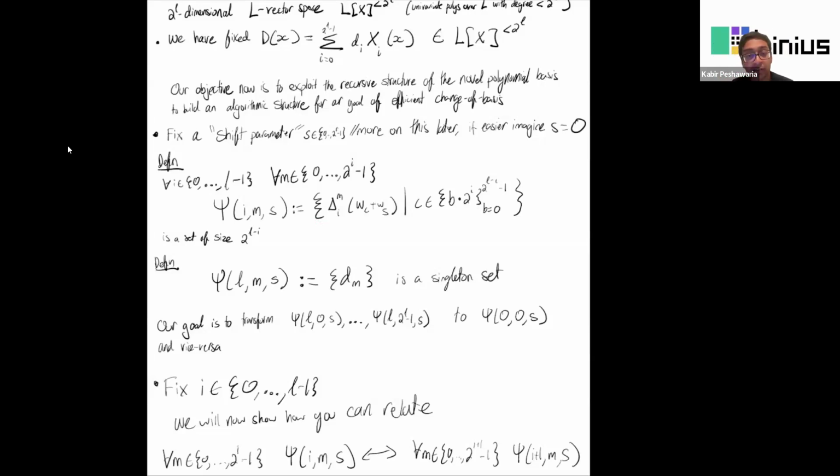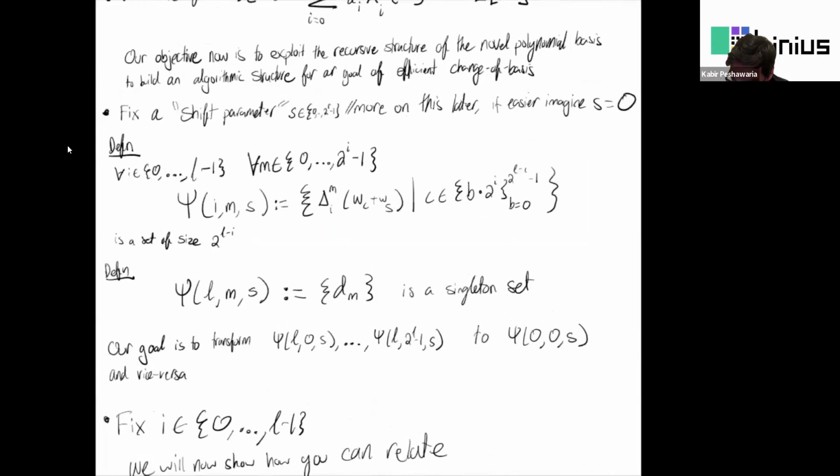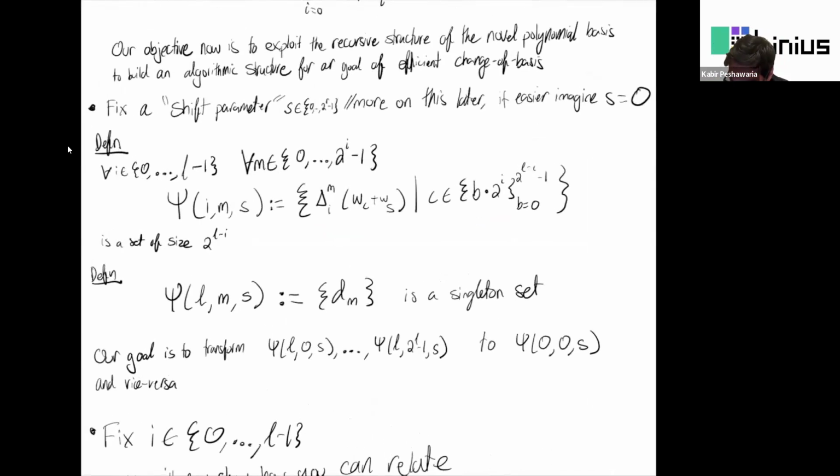Psi i m s is going to be defined as this set right here. It's the set of delta m i evaluations at specific points. What are these points? Basically, it's omega c for c ranging in this set, which is 2 to the i times 0, 2 to the i, 2 times 2 to the i, 3 times 2 to the i, 4 times 2 to the i, all the way up to this max thing times 2 to the i.